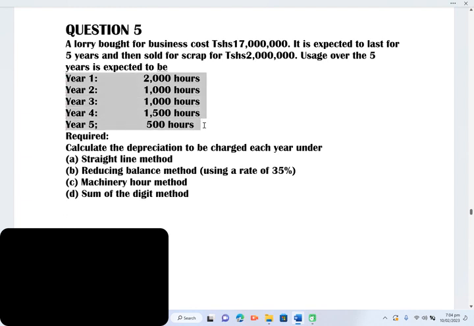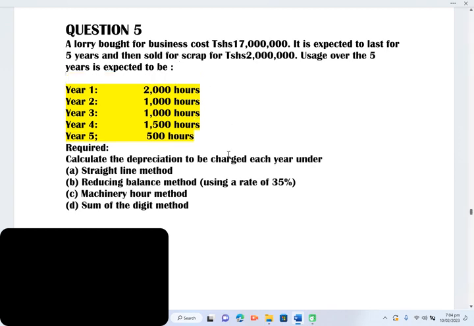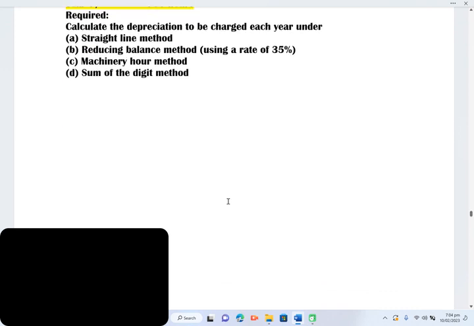Lakini ya machine hours hebu jumlisha hiyo. Ngapi? F6. Sasa utafanya hivi. Unafanya unit method.